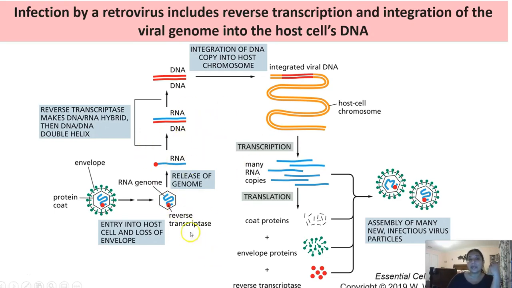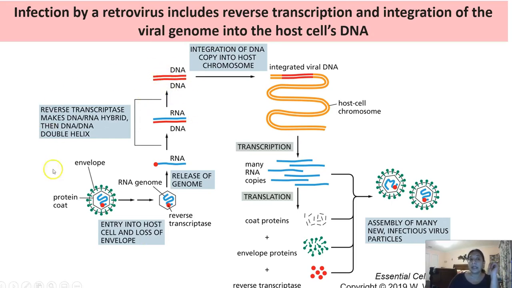Using that reverse transcriptase, it's going to be transcribed back into DNA. That's why it's called a retrovirus, because it's going in the opposite direction. So now you have this RNA-DNA hybrid that obviously is not going to be very stable, so it's going to be converted to make a double-stranded DNA molecule.